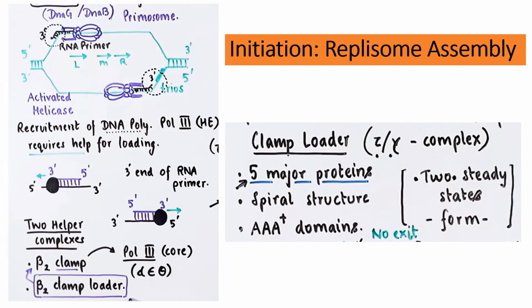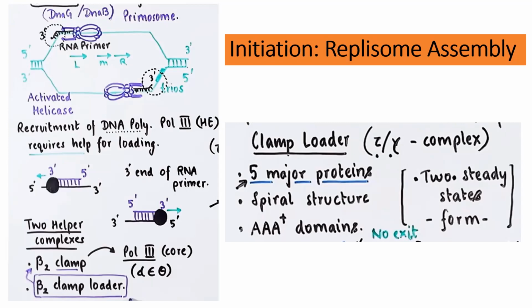But as we know, polymerase requires help in the loading. Specifically, there are two helper complexes in this process. The direct help in loading of DNA polymerase on the DNA comes from the beta-2 clamp.